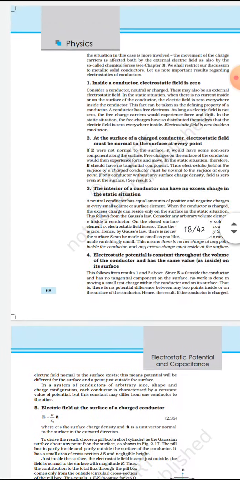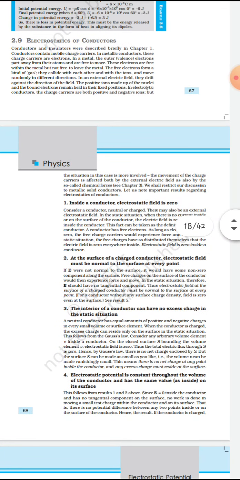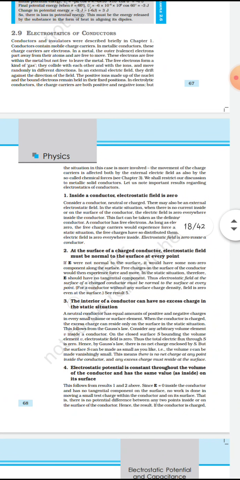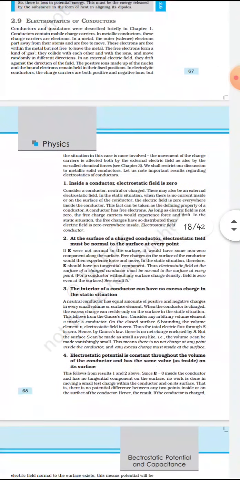At the surface of a charged conductor, the electrostatic field must be normal to the surface at every point. The electric field, that is E, capital E also, they give.